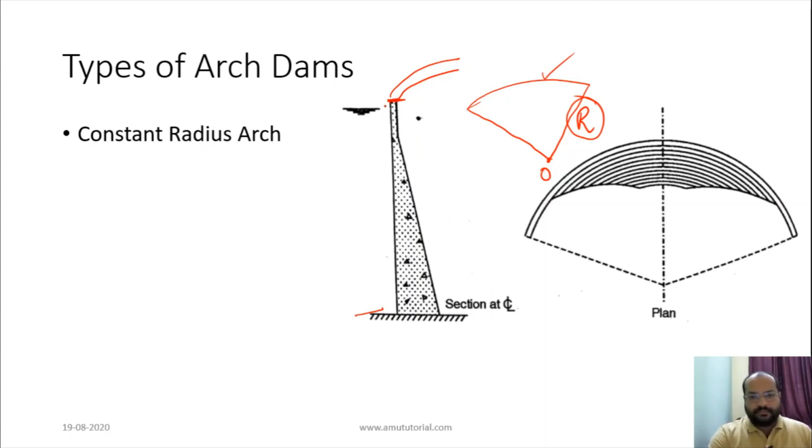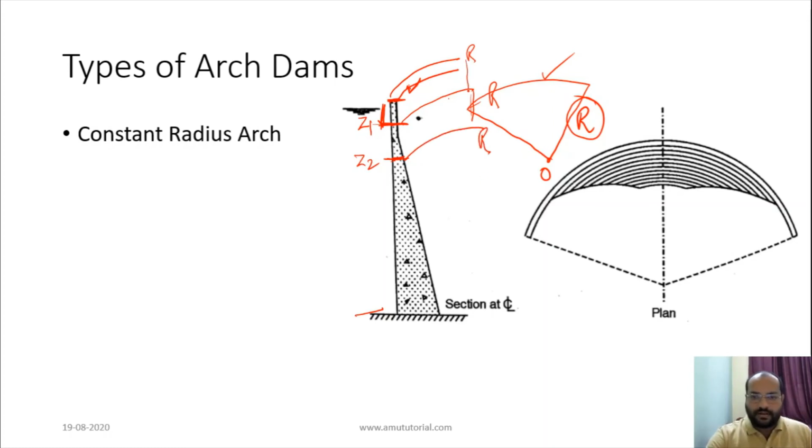Now say some z depth below, the radius of this arch, if it is say r, again, if the radius here is same as the radius here, if the radius at the top is r and the radius at z unit below is also r, and again at this level, say z2 level, the radius of this arch is again r.